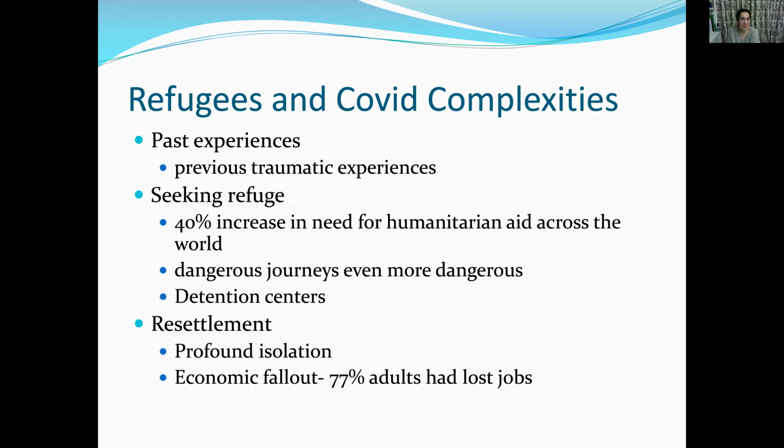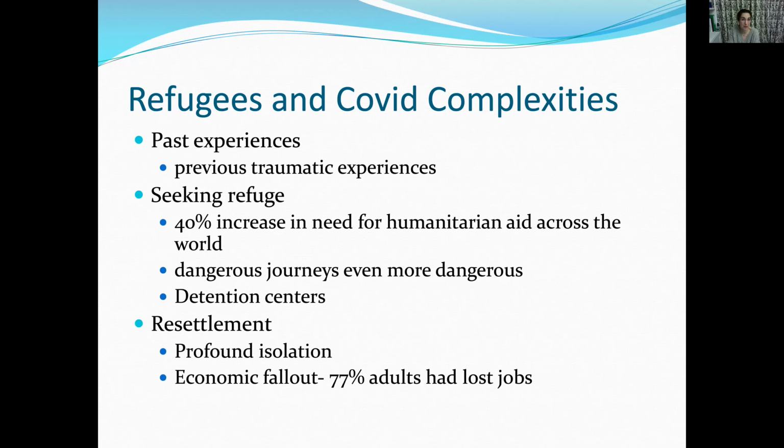Dangerous journeys are even more dangerous as borders closed to everybody, not just to those seeking humanitarian protection. There are real concerns around detention centres, and then the profound isolation in resettlement and the economic fallout, with a study in Norway showing that 77% of adults had lost their jobs.